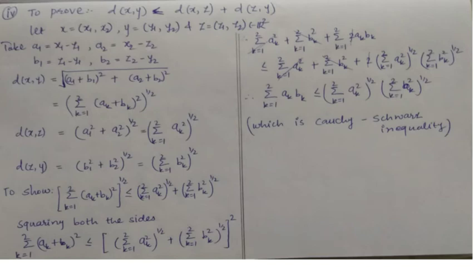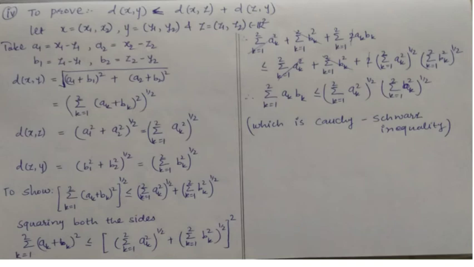So (x1 minus z1) whole square is equal to a1 square, and (x2 minus z2) whole square is equal to a2 whole square. So dxz is equal to (a1 square plus a2 square) whole to the power 1 half. And if we write it in summation, summation over k equal to 1 to 2 of ak square, whole to the power 1 half.